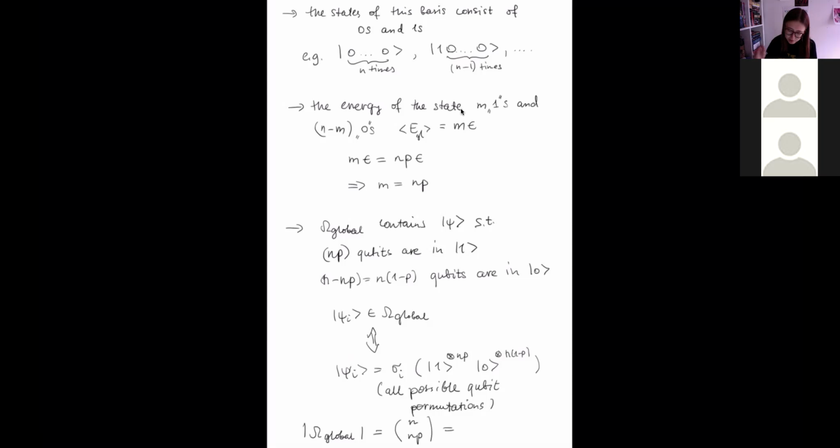Either you write it as this binomial coefficient N over Np in brackets, or I am more used to the notation C, choose Np from N. But in any way, this is just N factorial over Np factorial times N minus Np factorial. So this is the number of states that we're considering. How does this help us? So actually, we can use this to describe our ignorance.